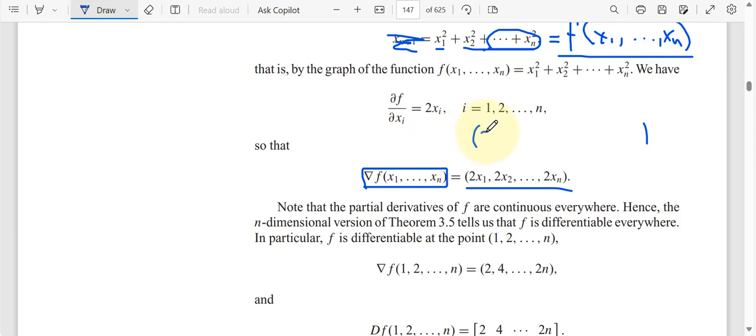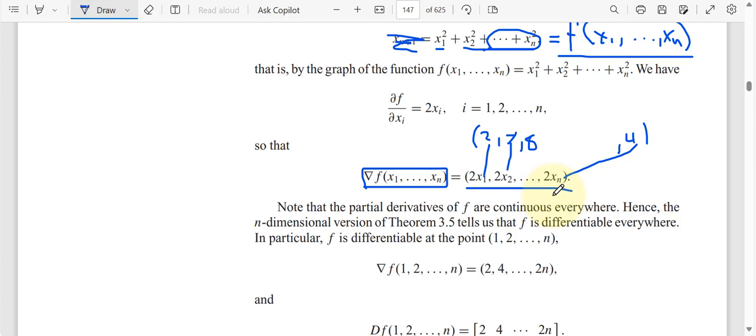So we could say, when x1 is 2, and x2 is 7, and x3 is 8, and all the way up to xn is like 4, something like that. What is the gradient at this point? Because the gradient looks like this. We can ask, what is it when we put 2 into x1 and 7 into x2 and 8 into the next one, and 4 into the last one?